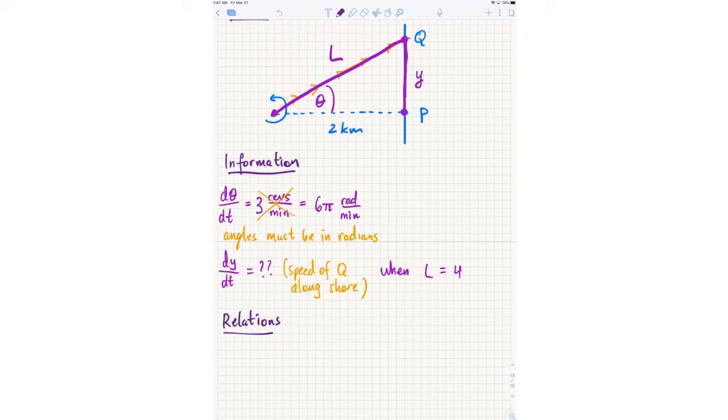Okay, so what are the equations between my variables? I have L, theta, and Y. So let's come up with some equations between these variables. Sine? Well, that's not an equation, that's just sine. Cosine of theta equals 2 over L. Okay.